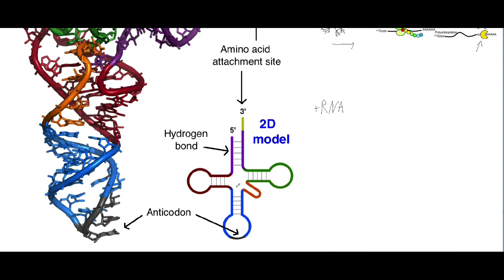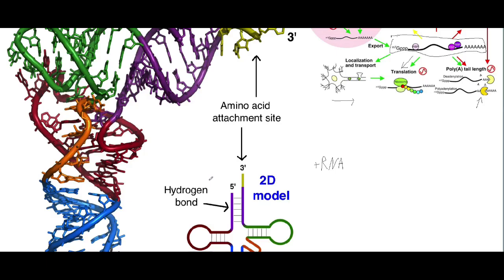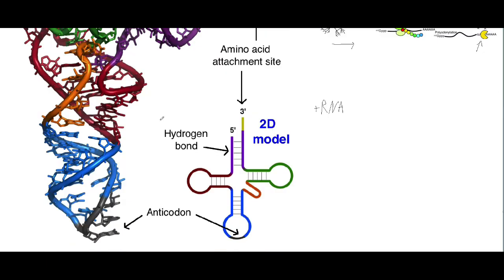And like I was talking about earlier, our RNA folds in on itself, creating base pairs here and a shape that looks like this. On these tRNAs, we have an amino acid that will be bound to the 3' end, and so these are what carry the amino acids around that are ready to be incorporated into a protein.